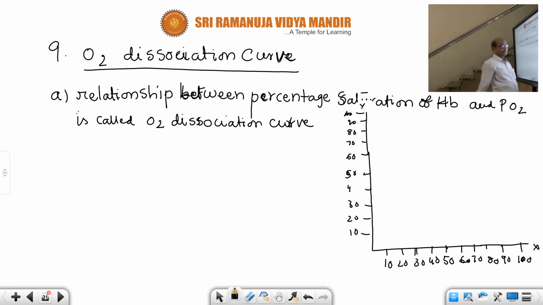This is the y-axis. So here if you plot, you can obtain a sigmoid curve.